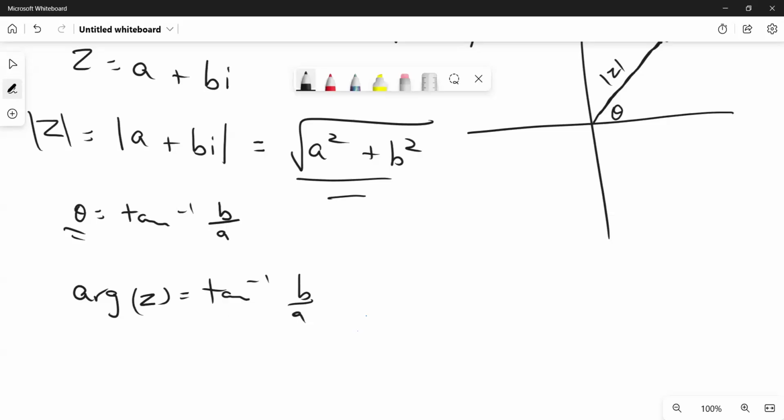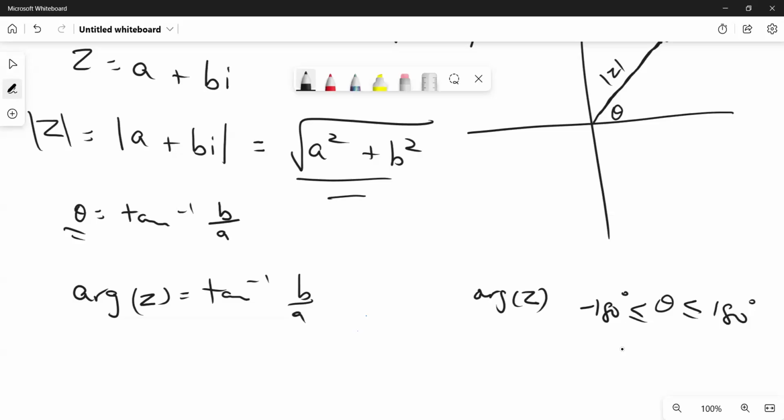Usually the argument of z, theta, is given a value between minus 180 and 180 degrees.